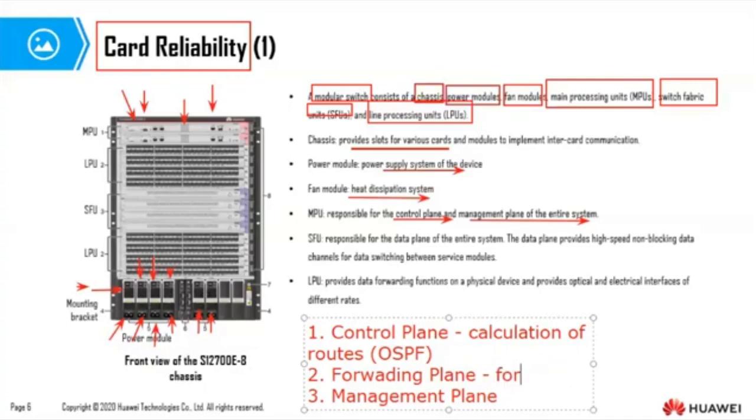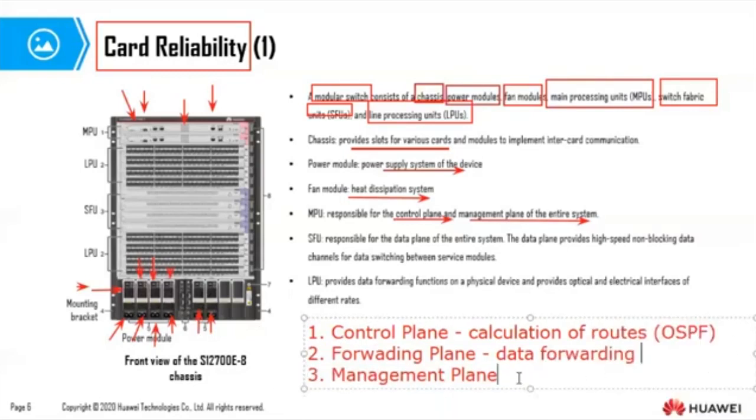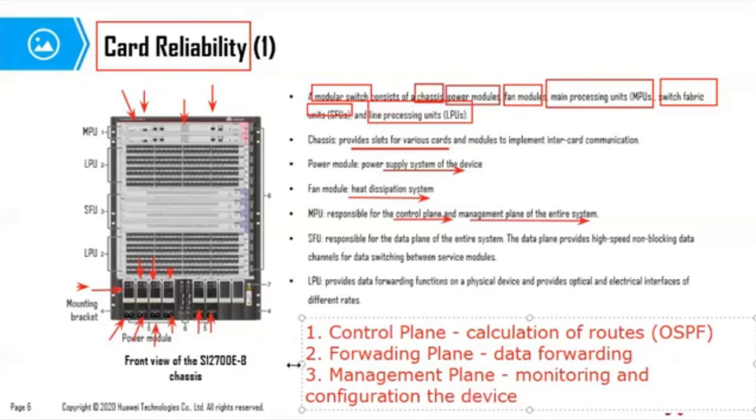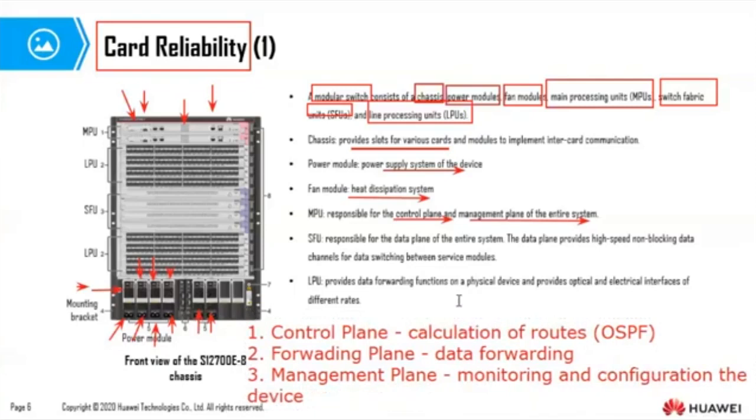So data forwarding, this one simply does data forwarding. Management plane, on the other hand, will assist in monitoring and configuring the device. So you'll be hearing of these three once in a while.